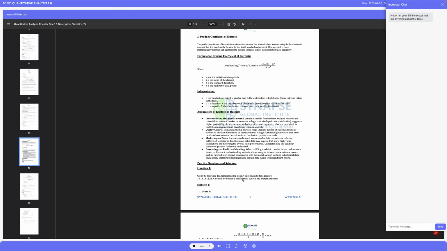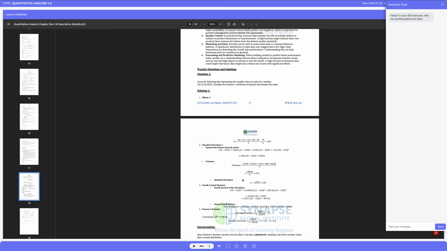To consolidate these ideas, consider a practice question involving annual returns on investment of 5%, 10%, 15%, 20%, and 30%. Calculating the product coefficient of kurtosis for this dataset results in a value of approximately 0.65, which is less than 3.